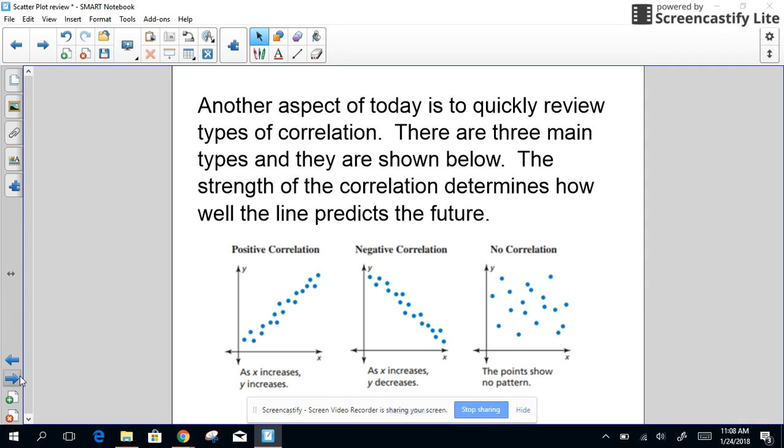And the strength of the correlation determines how well the line predicts. The correlation value is something that needs to be calculated, and we will be using the graphing calculator to help us figure out the strength or the value of correlation. For now, you just need to refresh your memory on what positive correlation, negative correlation, and no correlation are.